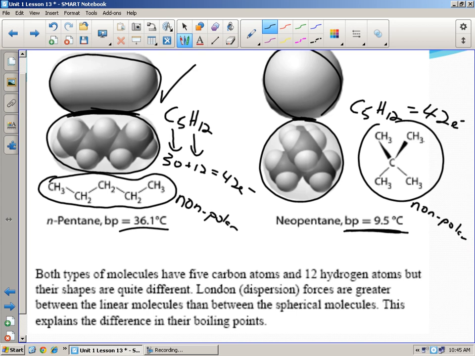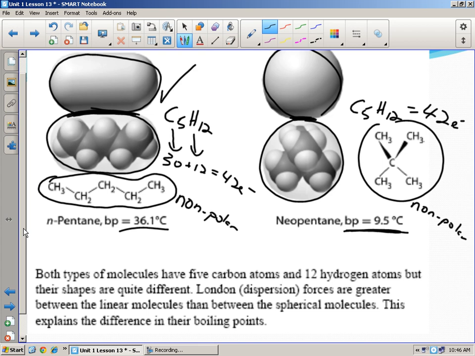So this one breaks apart first. Why? Because that's the only contact we have between molecules. Okay, not very much. It's a weaker London force. They boil first. Okay, we have to go to 10, 20, 25, 27. We get to 30. We get to 32. We get to 36.1 finally. And only then do we have enough energy.